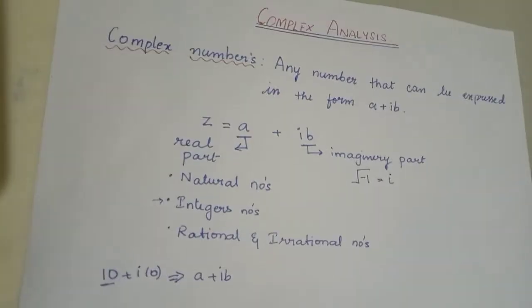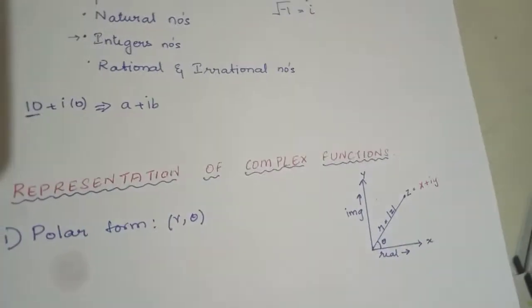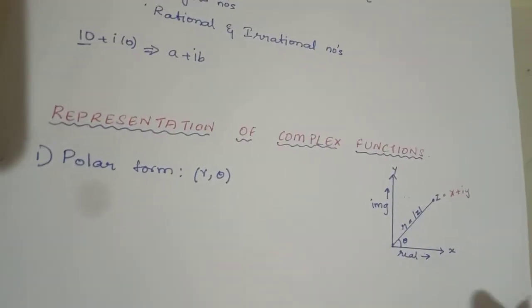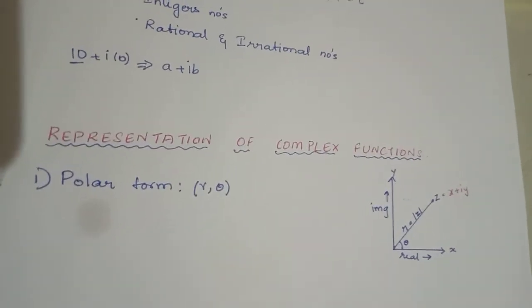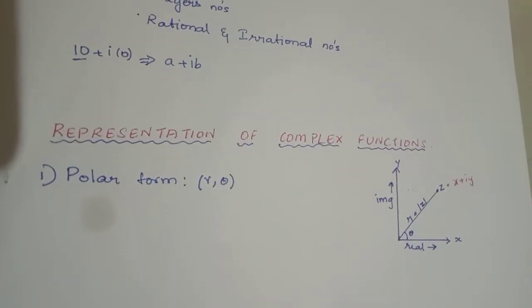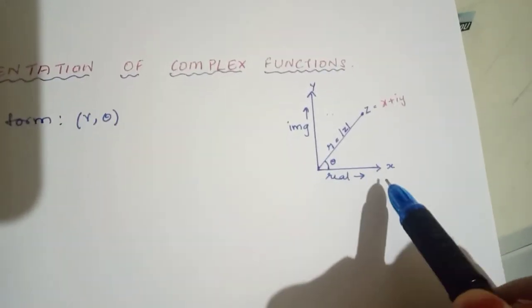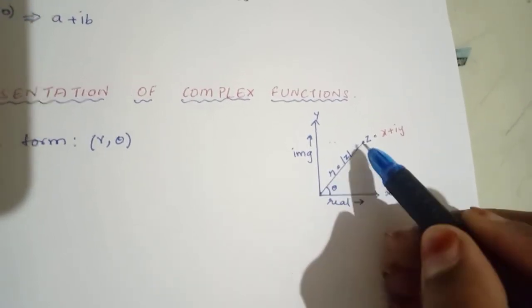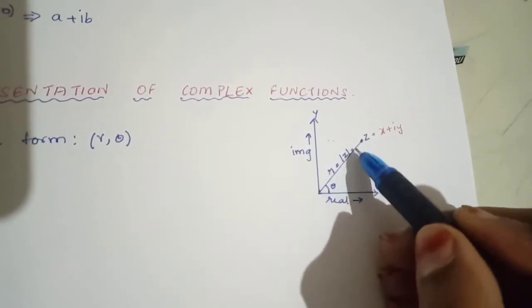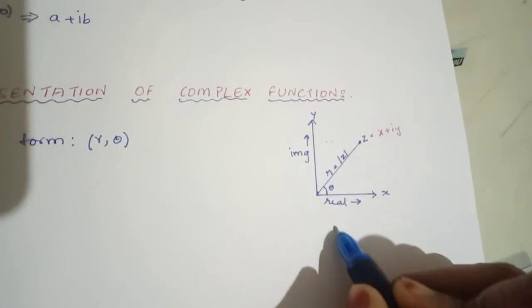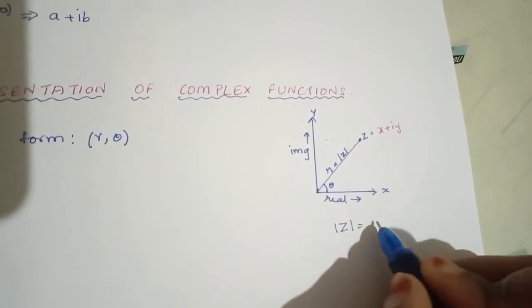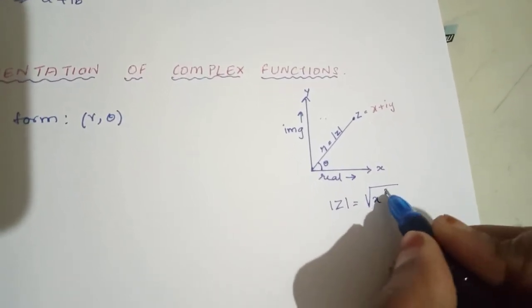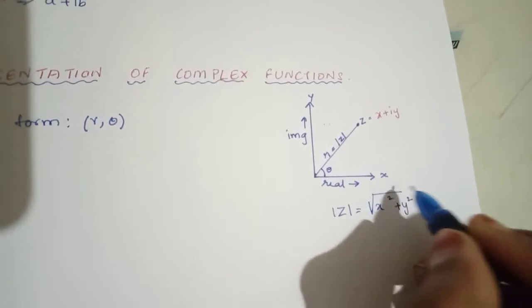Next we are going to see the representation of a complex number. The first one will be the polar form, r theta. Consider this to be the real axis and this the imaginary axis. From the origin to the point z, this is known as mod z. Mod z is nothing but root of x square plus y square.